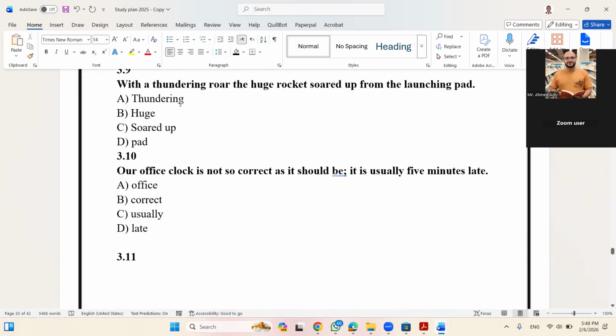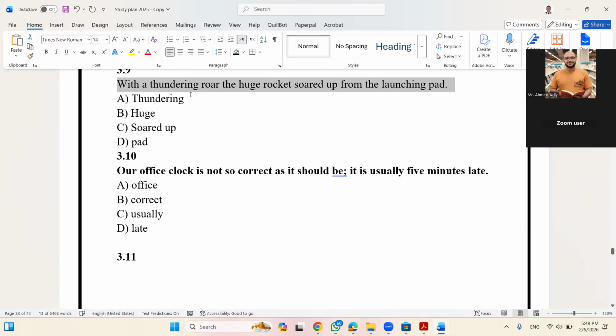Next. With a thundering roar, the huge rocket soared up from the launching pad. What's it about? It's about a rocket that's launching from a launching pad.